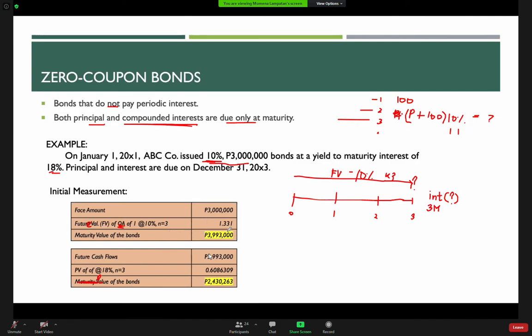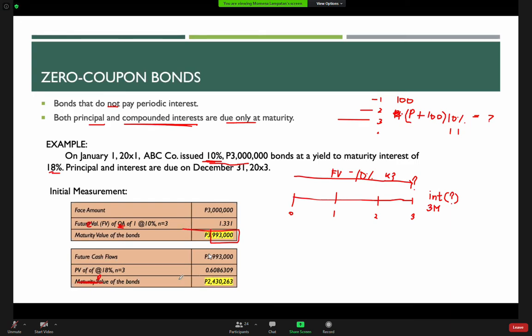So we determined the total amount to be paid will be 3,993,000. This means the 993,000 is the total accrued interest expense. Okay? Or total interest payable during the maturity date of the bonds.